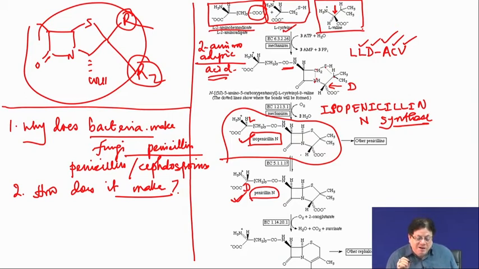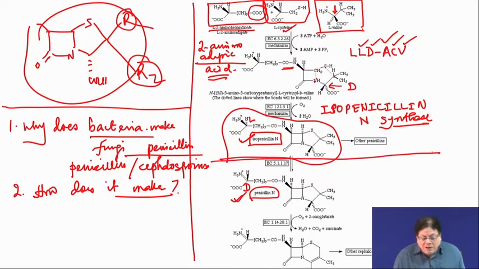Okay. And now, in some organisms it stops here, but in some organisms this is further converted into penicillin N, that means an epimerization has taken place, and then another enzyme comes and converts this penicillin into cephalosporin.